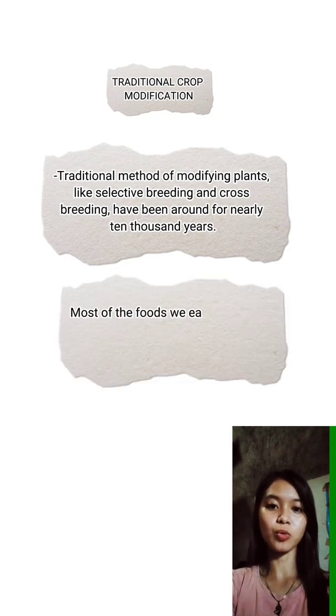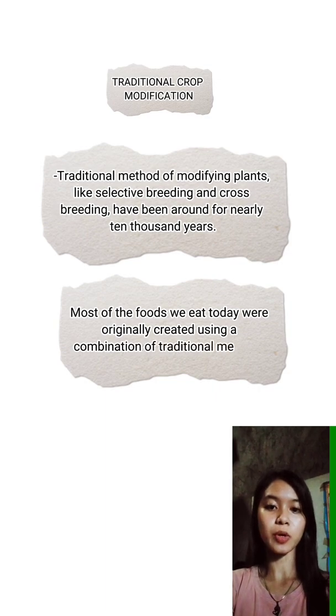Most of the foods we eat today were originally created using a combination of traditional methods. So, traditional breeding involves genetic traits that have been selected and, in some cases, integrated through crossbreeding of the same or related species.